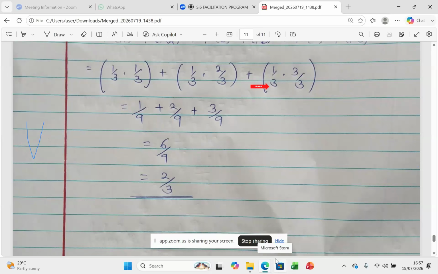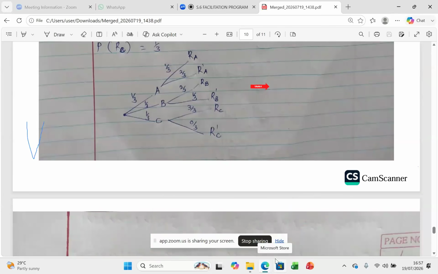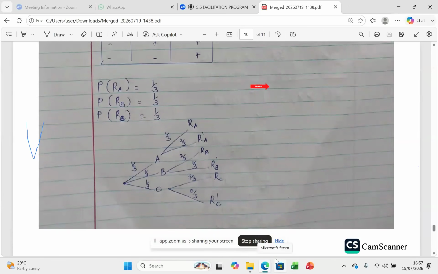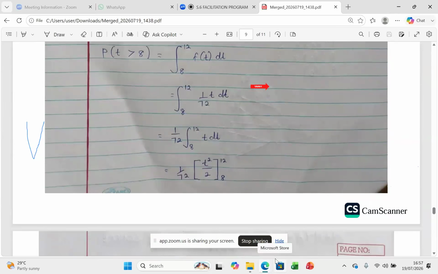Hello, good afternoon. Afternoon. Yes, for the other one of the graph, the cumulative frequency, what if the graph has the bars of the same?